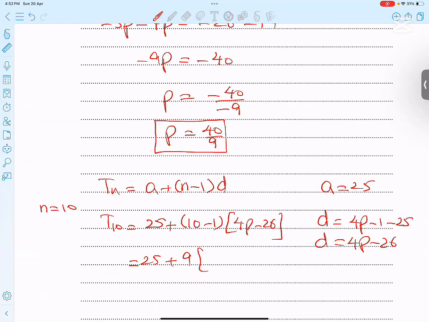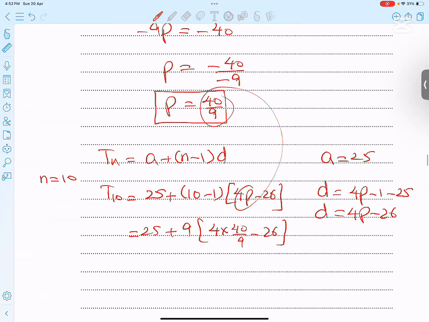And that is what? 4 times 40 over 9 minus 26. So this value comes from here. You see, it's not a hard job. The only thing is a matter of typing in the calculator: 160 divided by 9 minus 26. And we got negative 49. So the 10th term, we're getting negative 49.